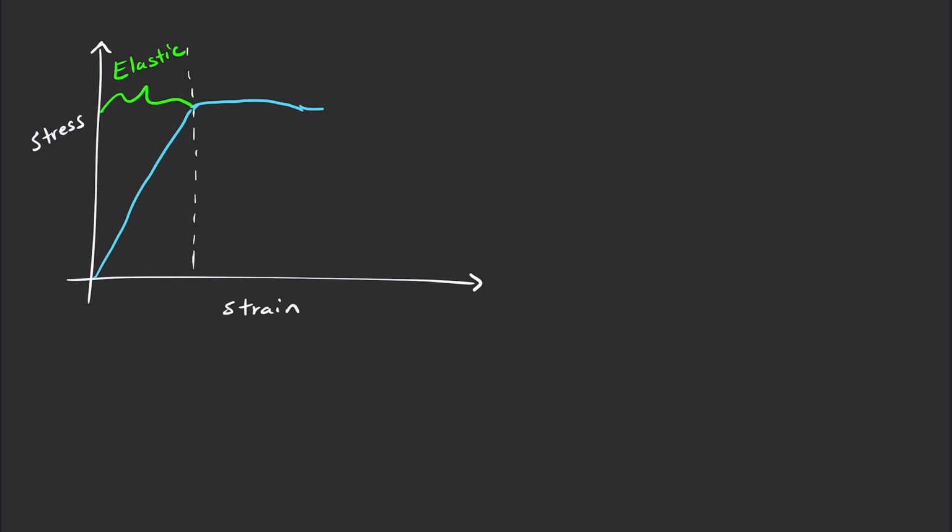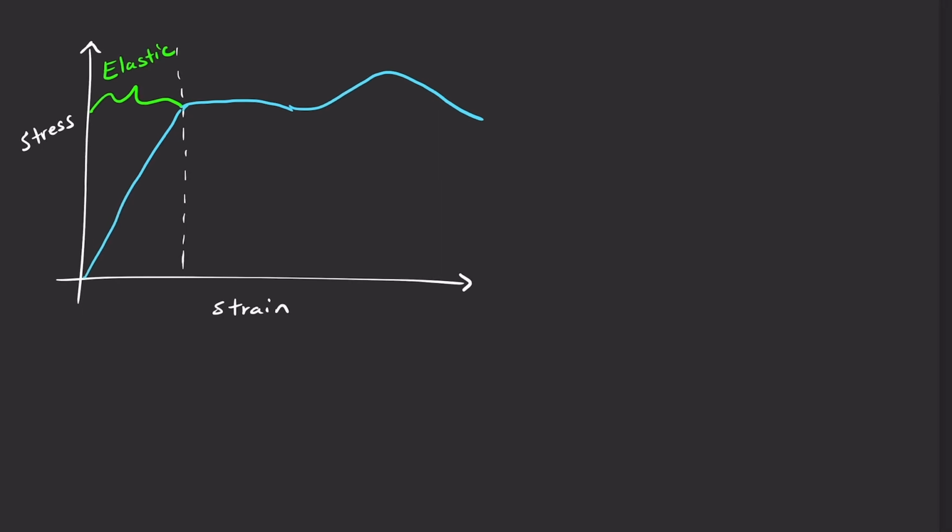Beyond this, objects will no longer act elastic. They have some maximum point where they stop being elastic. If you stretch a spring and let it go, it will go back to equilibrium and look just like it did to start with. But eventually, if you stretched it too much, you would stretch out the spring and deform it, and it wouldn't go back the way it was. The same thing with plastic. If you stretch plastic very much, it's not going to go back the way it was.